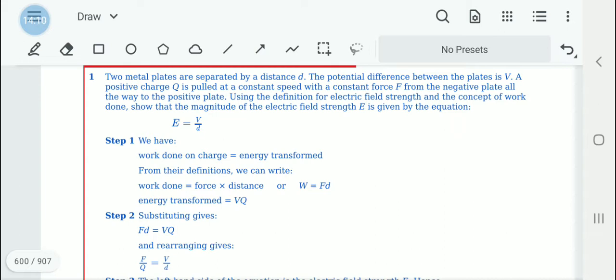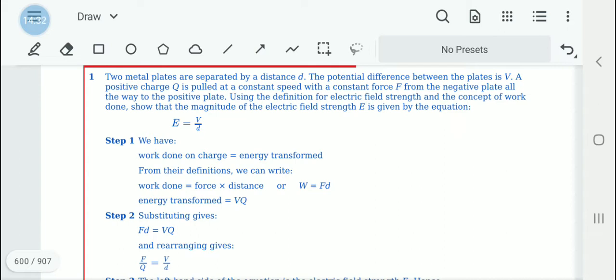So what we have is work done on charge is equal to energy transformed. That is what we know. Then work done is equal to force into distance, W equals Fd. Then energy transformed is equal to VQ.